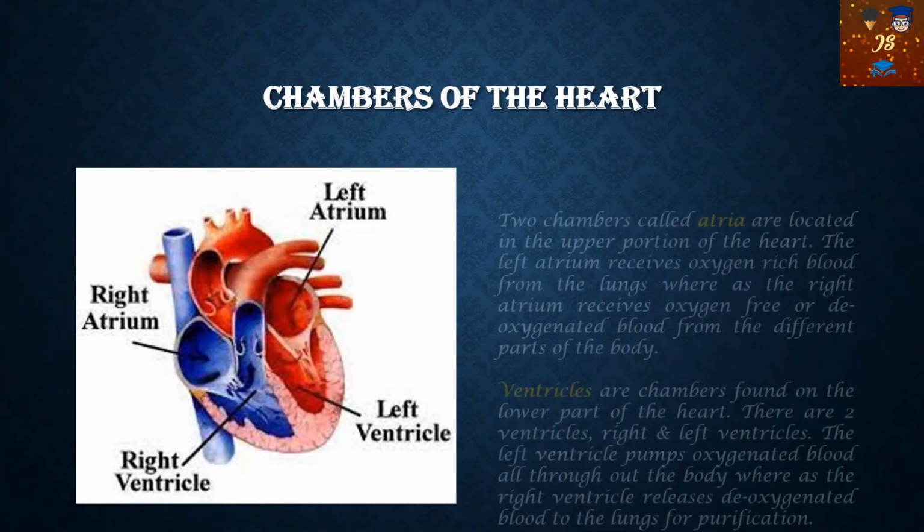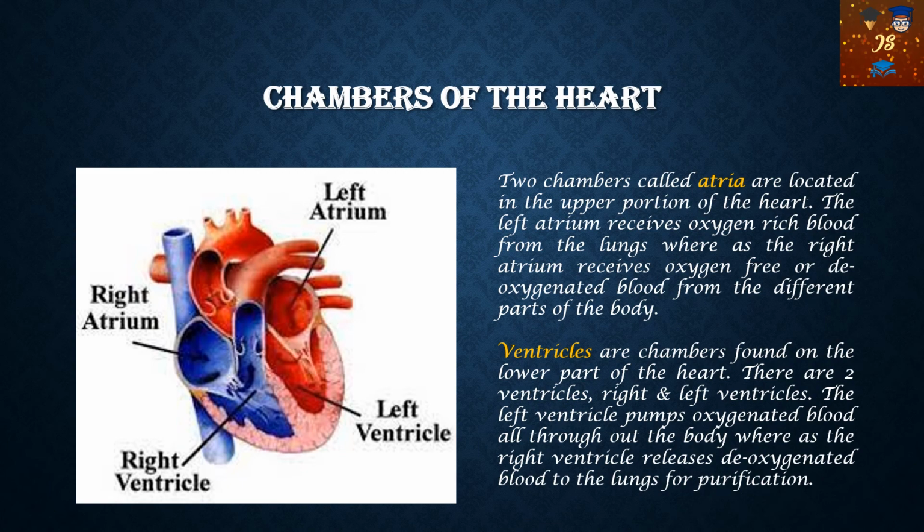Now, regarding the different chambers of the heart, we can see that there are the left atrium, left ventricle, right atrium and right ventricle. The left atrium and left ventricle are separated. The right atrium and the right ventricle are also separated. The left side of the heart contains oxygenated blood. You can see this red part.